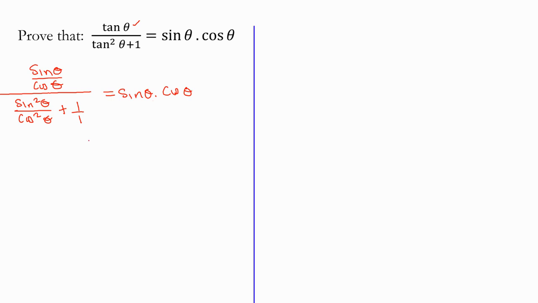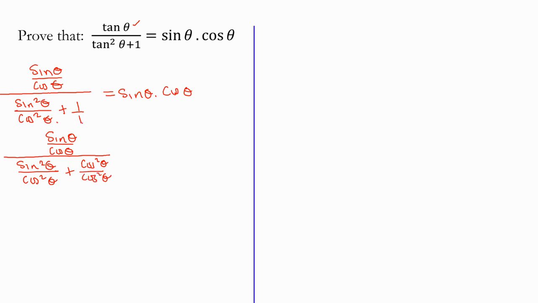Right, and then now we can work with the numerator here. 1 over 1, the common denominator for 1 and cos squared theta is cos squared theta. So it becomes sine theta over cos theta divided by sine squared theta over cos squared theta plus cos squared theta over cos squared theta.